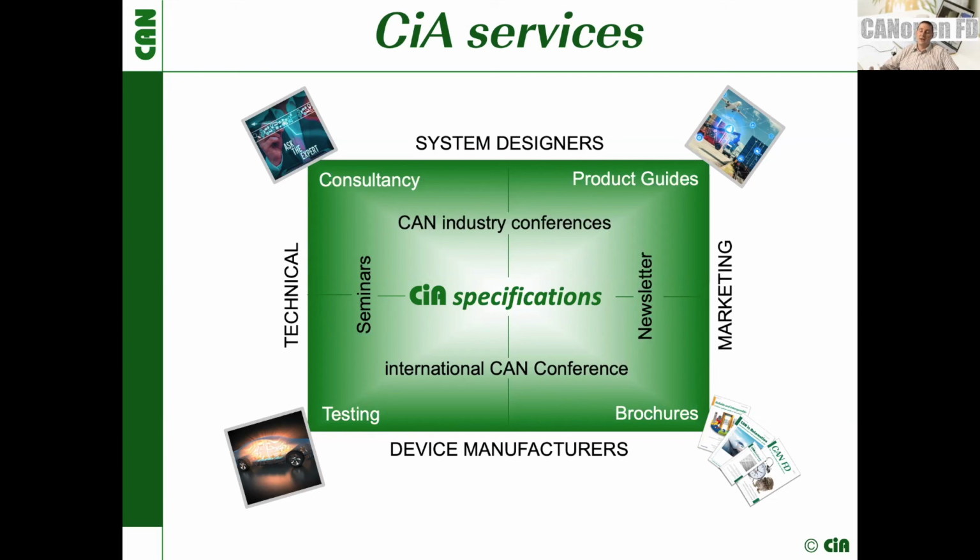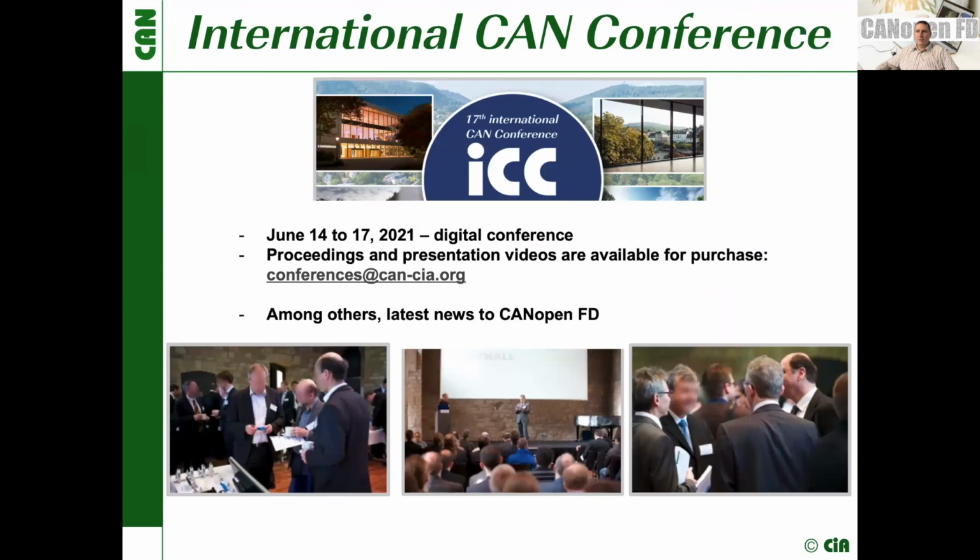On the other hand, we provide also technical services to assist people in understanding what we have specified, in assisting people in understanding how CANopen, J1939, and these things, how do they work. We have also kind of platform where CAN users, experts can meet, can discuss latest challenges in their project.